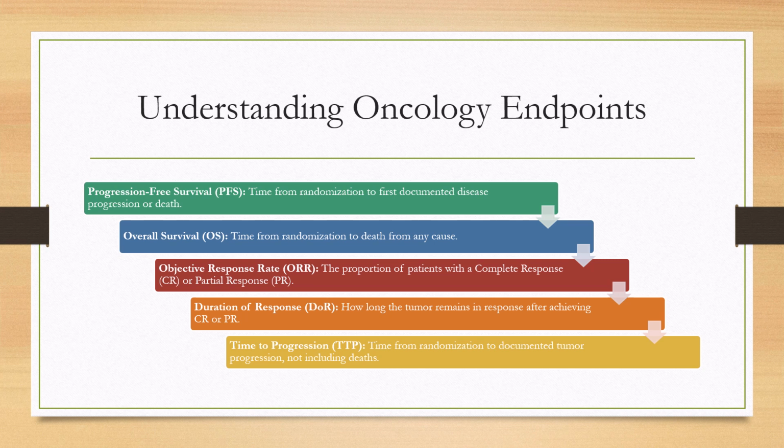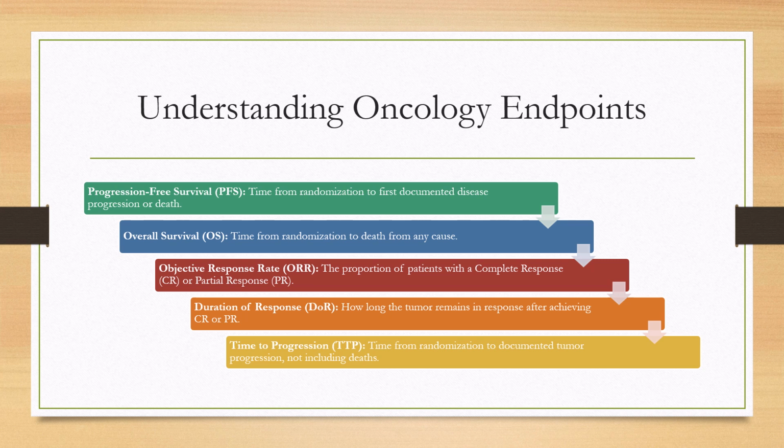Imagine a clinical trial testing a new cancer drug. Researchers enroll patients who all have the same type of cancer. At the start of the trial, they measure the size of the tumors in all patients. After a certain period, say 6 months, they check the patients again to see if the tumor has grown or not. If a patient's tumor has not grown, their progression-free survival is 6 months or more.